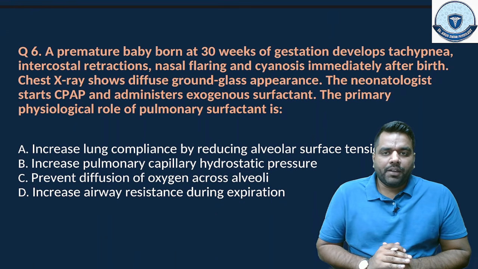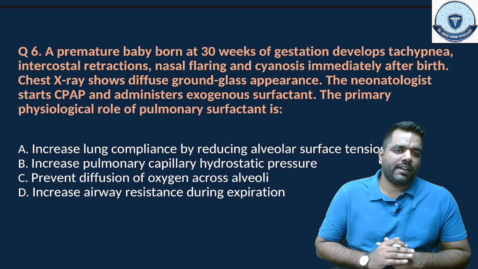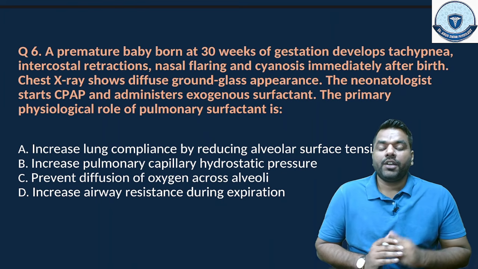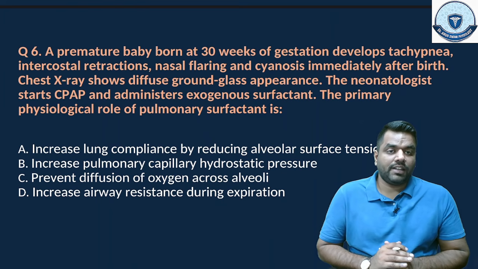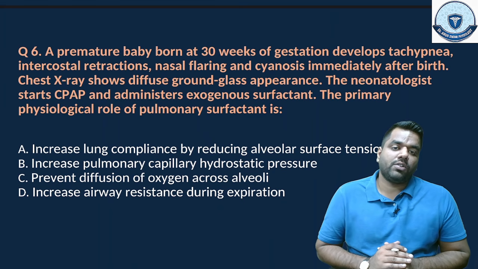A premature baby born at 30 weeks of gestation developed tachypnea, intercostal retractions, nasal flaring, and cyanosis immediately after birth. Chest X-ray shows diffuse ground glass appearance. The neonatologist starts CPAP and administers exogenous surfactant.